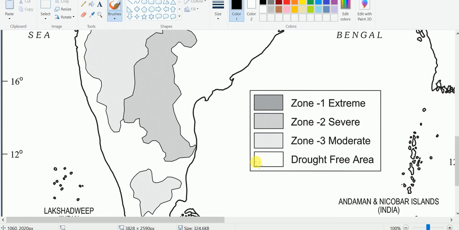The blank, white areas represent drought free areas, no drought cases. The dark gray areas represent extreme drought prone areas. Next we have severe drought prone areas, and the lightest shade represents moderate drought prone areas.